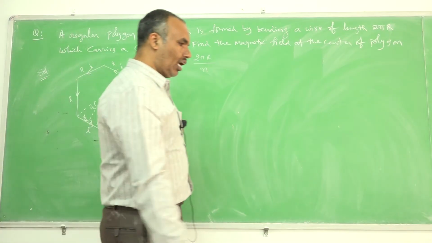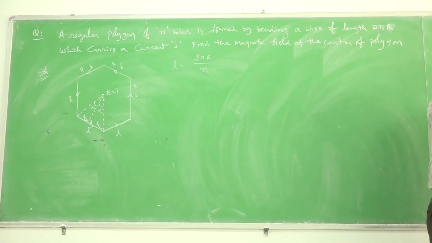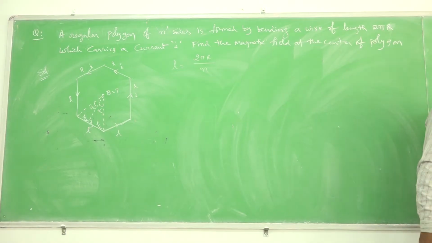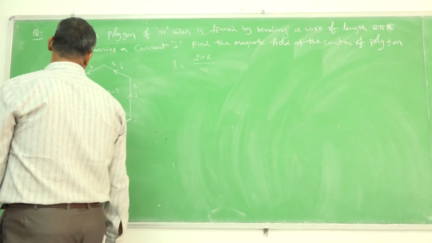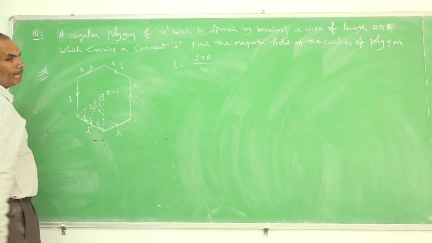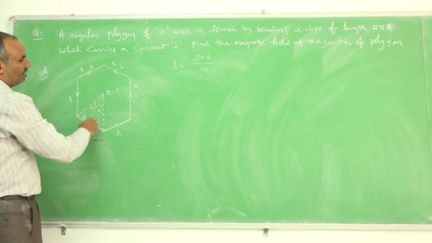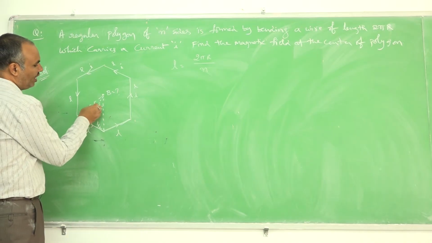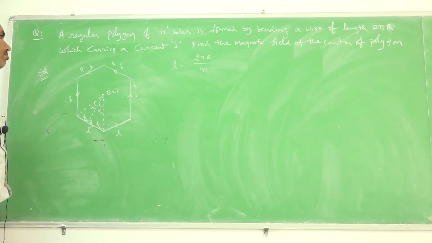In order to calculate alpha value, we should apply basic trigonometry here. You know that the complete angle at the center is 2 pi. That 2 pi is divided into n sides, and each side is providing 2 alpha at the center.